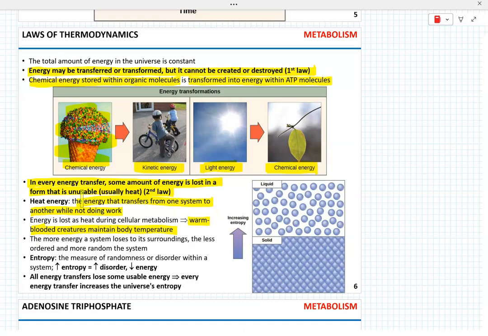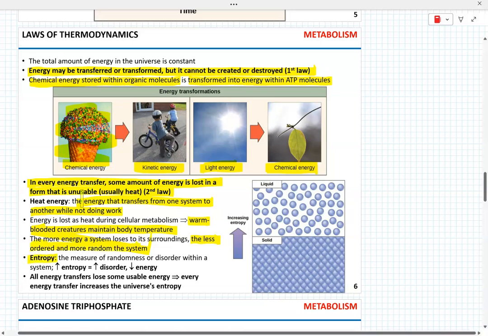It's important to understand that the more energy a system loses to its surroundings, the less ordered and more random the system becomes. The order of randomness in the system is called entropy. The greater the entropy, the greater the disorder, and the lower the energy of the system.